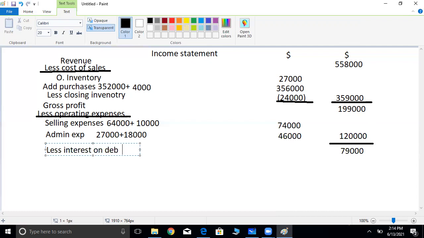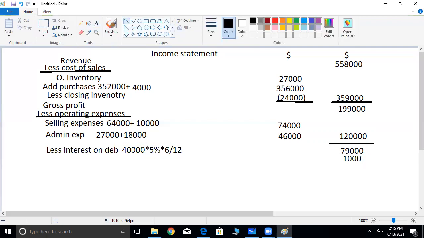As I have already calculated and discussed earlier, the interest on debenture will come only for 1,000: the debentures are 40,000, multiplied by 5% and multiplied by 6/12, because we have used the debentures only for 6 months. I will subtract it over here, and this is going to be our profit, which is 78,000. So 78,000 is the profit for the year.